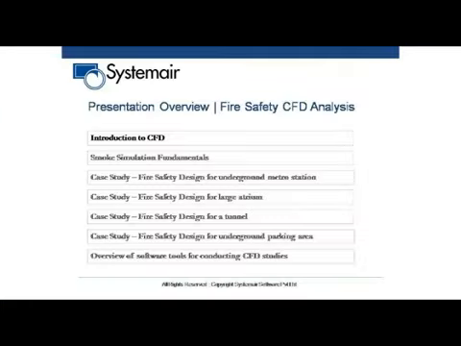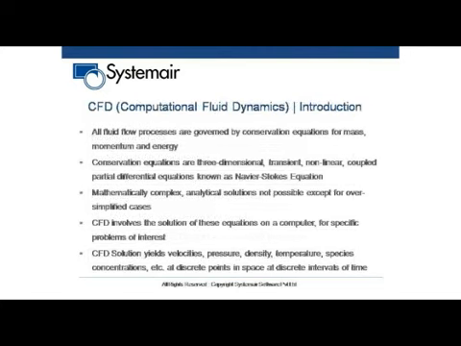So, introduction to CFD. All flows of fluids, gases and liquids both, are governed by mass conservation, energy conservation, and continuity equations. Together these form partial differential equations, second degree, known as the Navier-Stokes equations. The problem is they are quite complex, and analytical solutions are not possible.